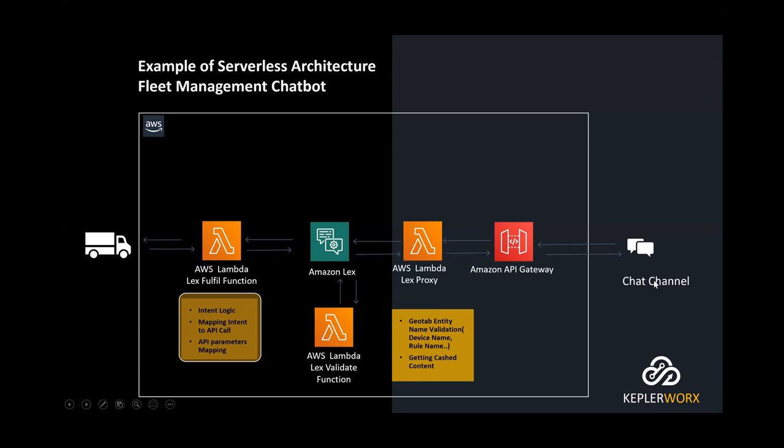And on the right side, you have a chat channel. So the user will be sitting on a chat window, asking the system, where is my, for example, Toyota Camry number 10, for example. And then that chat channel will call an API from the API gateway.